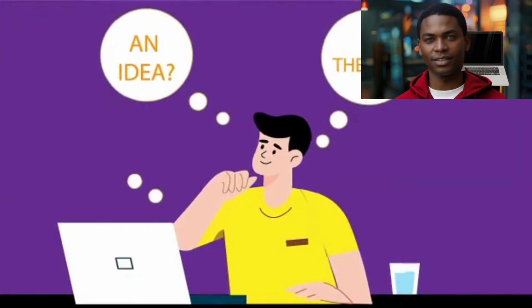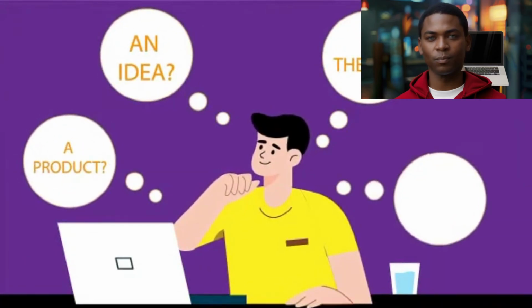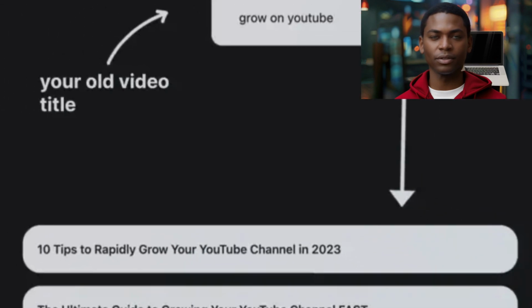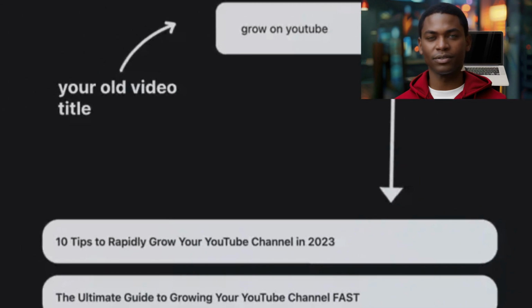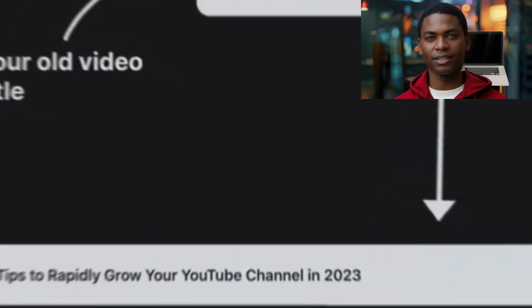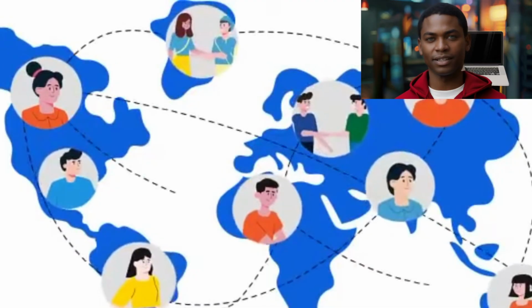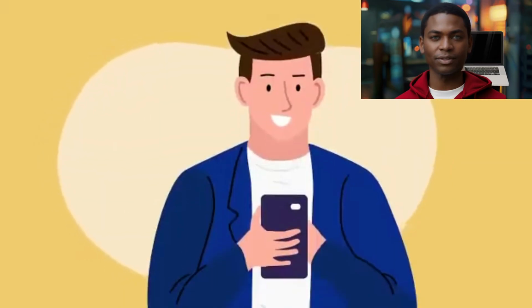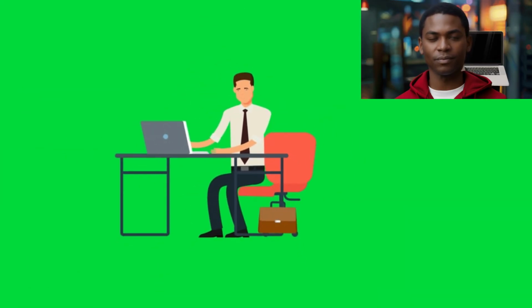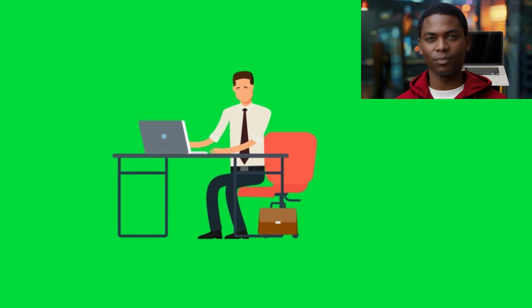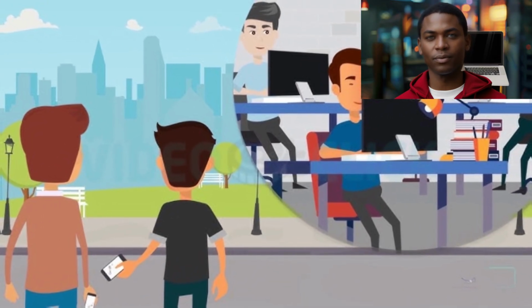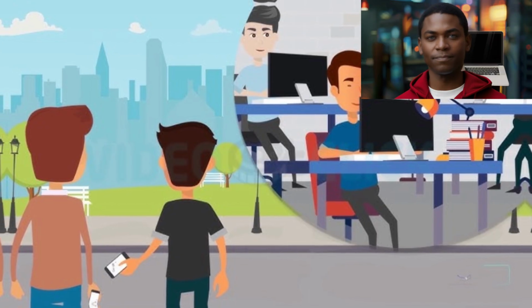Make sure they spark curiosity and directly address your audience's questions or problems. By leveraging TubeMagic's title generation features, you can significantly improve your video's chances of getting more views and boosting your search rankings. Finally, don't hesitate to test different title variations over time to identify what resonates best with your audience.